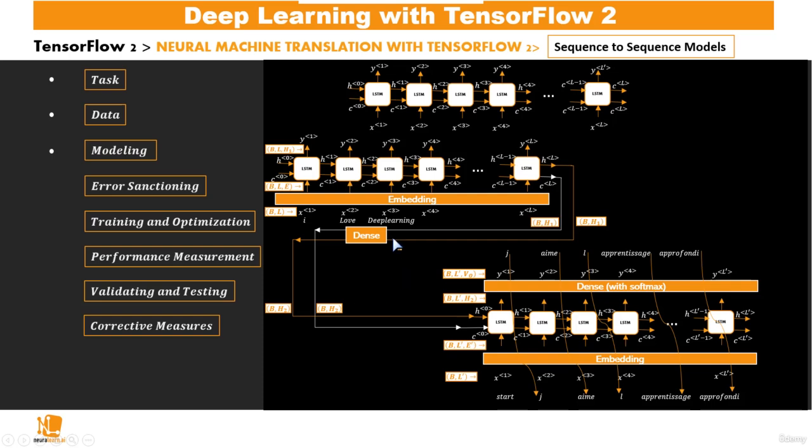We are letting this decoder interact with each and every part of the encoder. So the decoder will interact with I, will interact with love, will interact with deep learning, will interact with each and every other word to be able to come out with its own output. So we don't only depend on this.